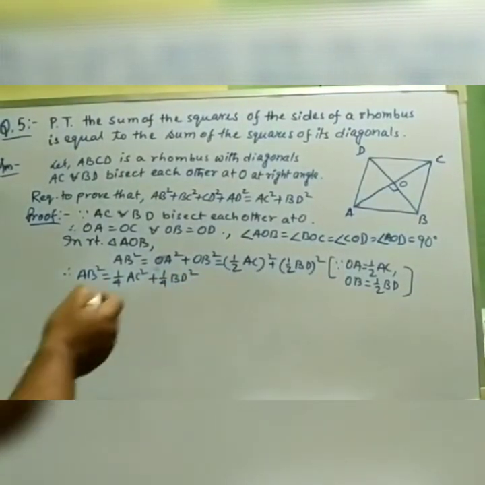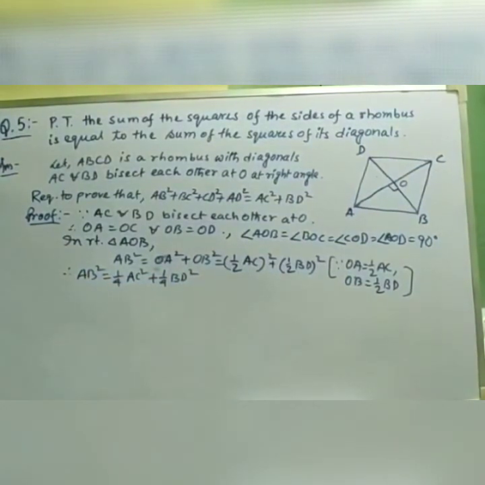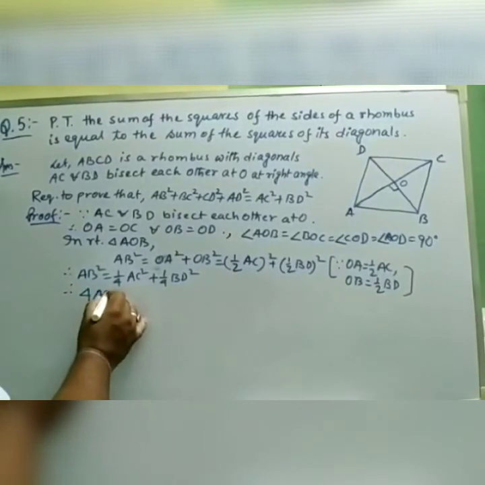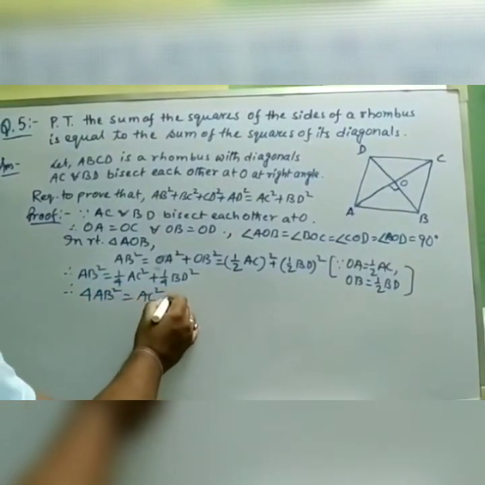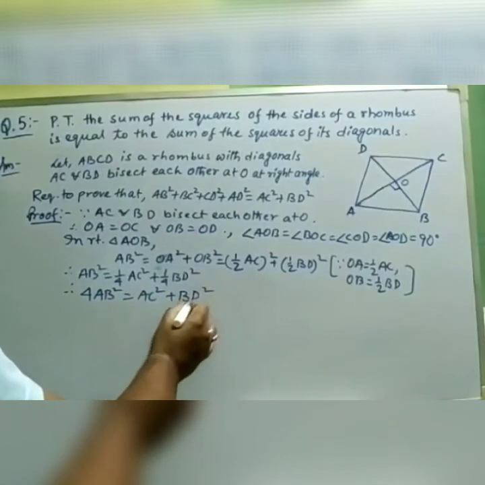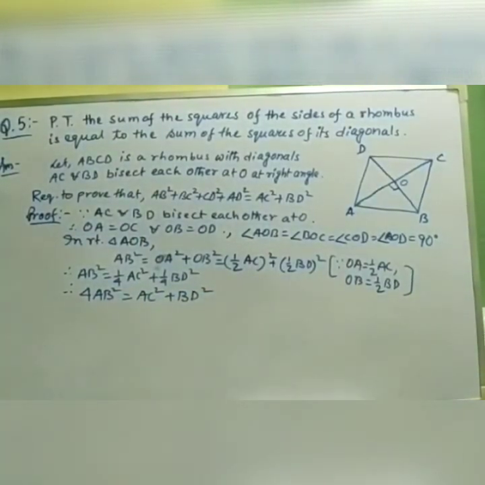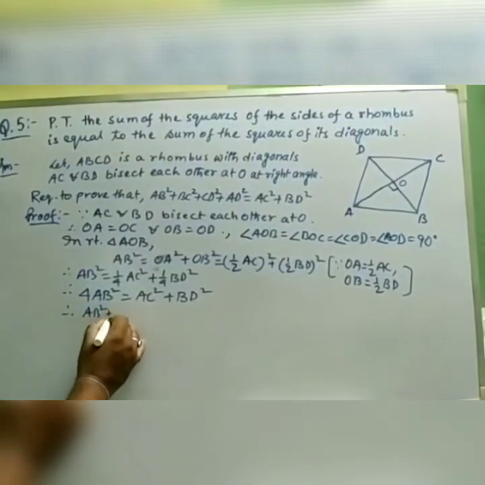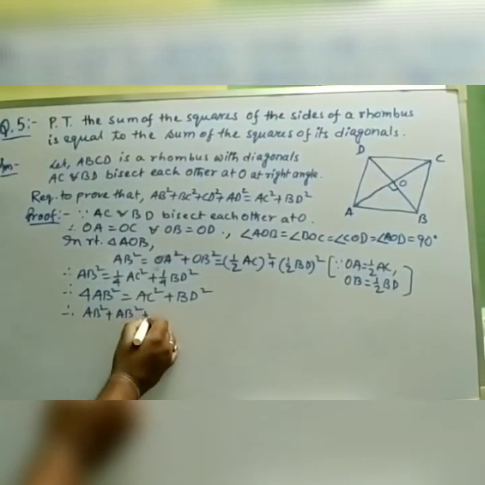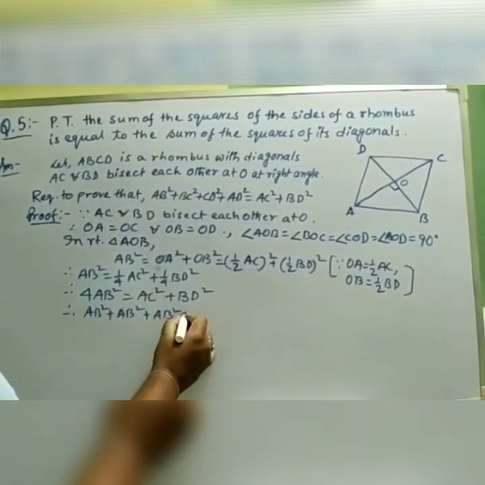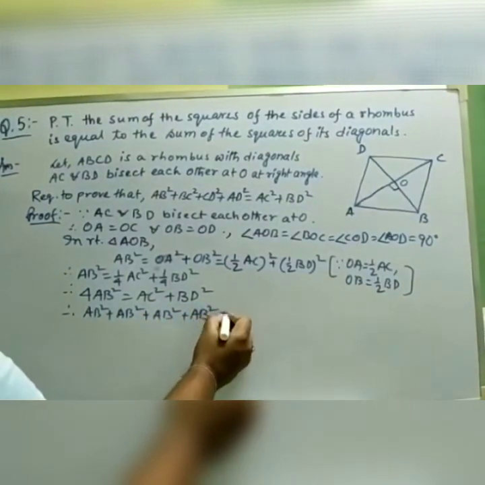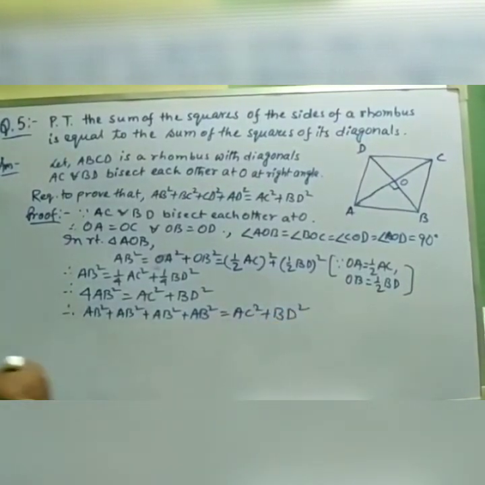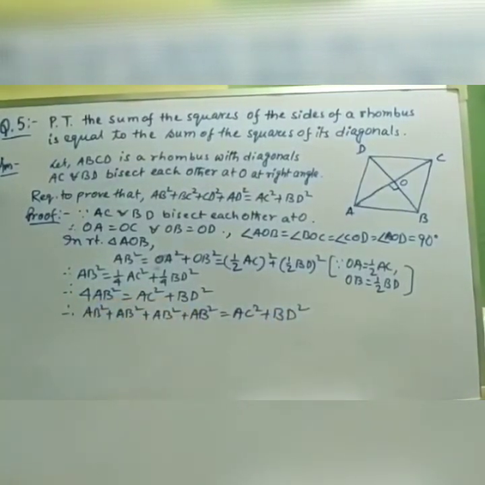Now we multiply both sides by 4, so we get 4 times AB square equals AC square plus BD square. And this 4 AB square we can write as AB square plus AB square plus AB square plus AB square. Clear?